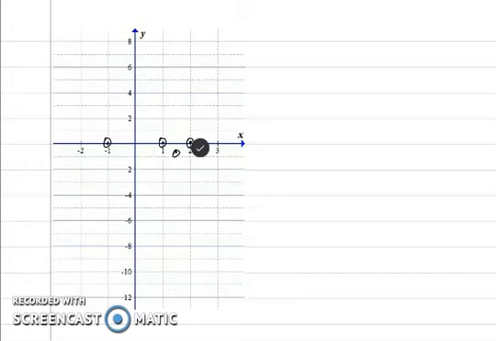Another turning point is (-0.2, 2.1), which is probably somewhere around here. And we also know that the graph rises on the right and falls on the left. So with that information, we can probably do a sketch.